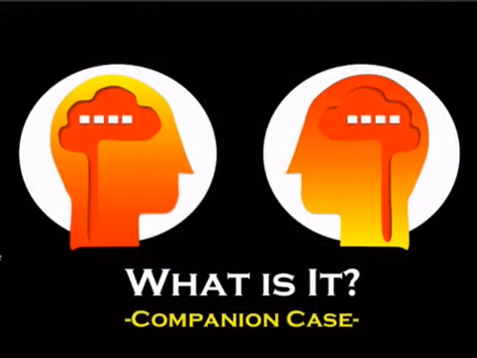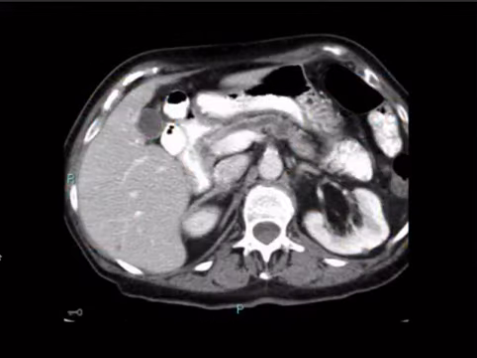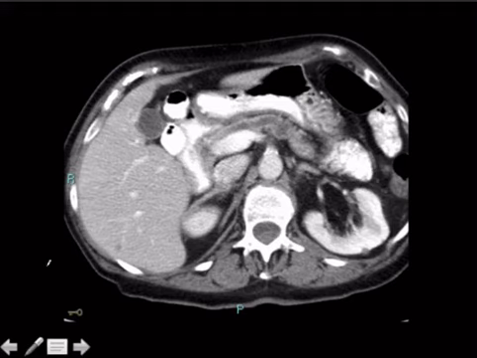Let's do a companion case. All right, so what am I showing here? I'm at the cut of the pancreas, kidney, liver, a little thing there, meaningless. I'm not going to show little stuff like that on multiple choice. The pancreas is looking funny. The duct looks dilated, right there.